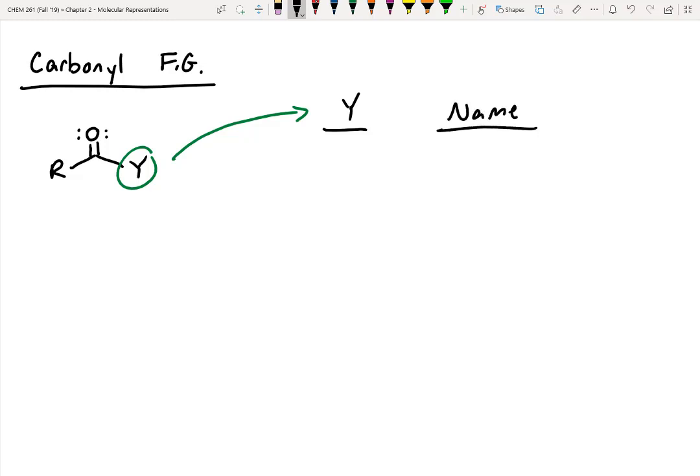Okay, so let's imagine that molecule where we replace Y with a hydrogen. So we swap out the Y for a hydrogen. This would be called an aldehyde. So what I mean by that is an aldehyde would be a compound that looks kind of like that.